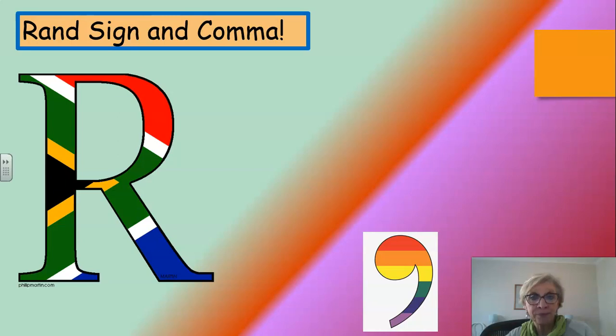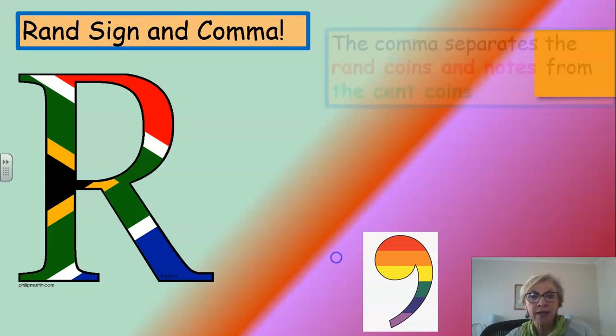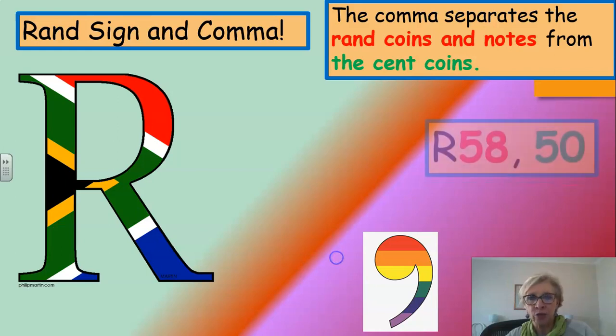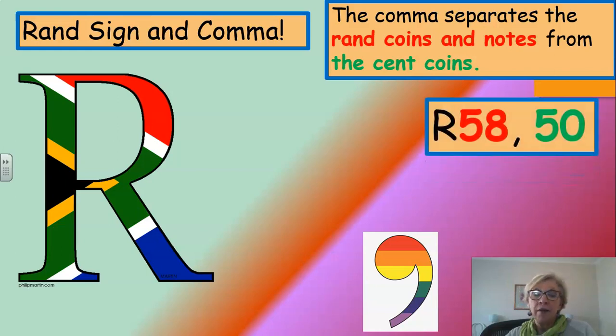That comma separates the Rand coins and notes, so the silver coins and the notes, from the little old cent coins. So for instance, 58 Rand 50. The numbers before the comma are our rands, so 58 rand, and the number after the comma is our copper-coloured coins, 50 cents.